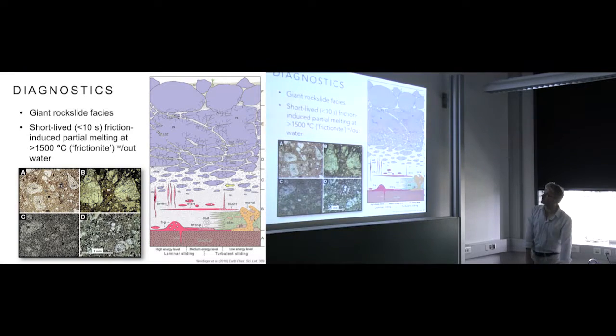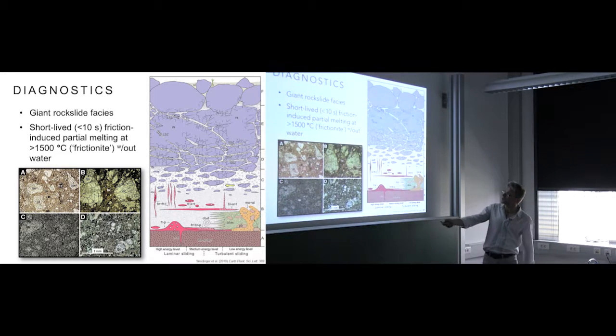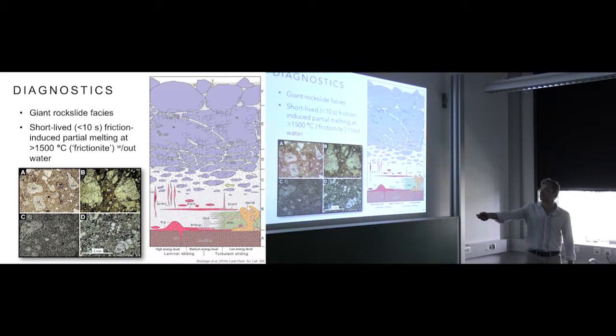Which is really interesting because we've done some laboratory analysis and we find that this partial melting and this shocking requires very high temperatures, obviously greater than 1500 degrees, and we don't really need any water, as far as we can tell from Mössbauer spectrometry.